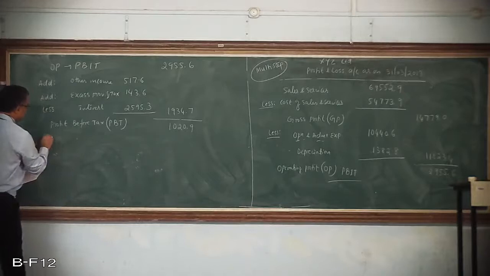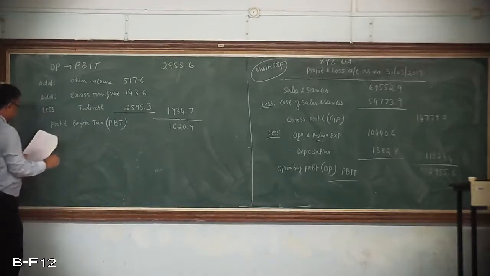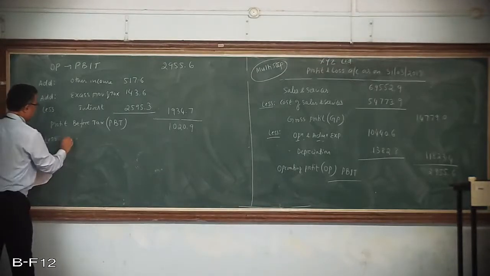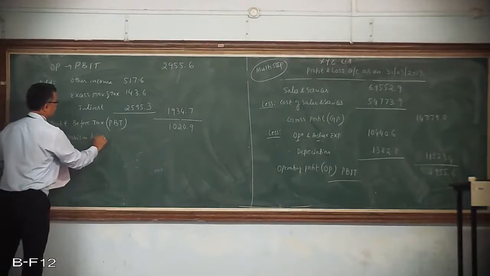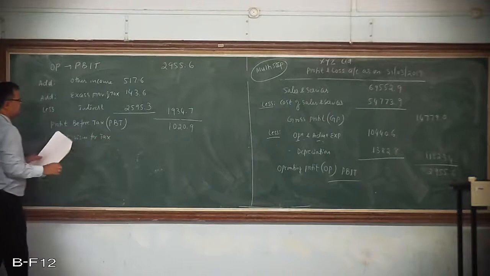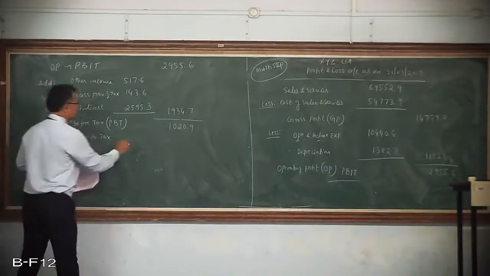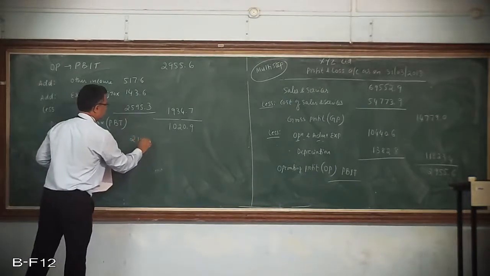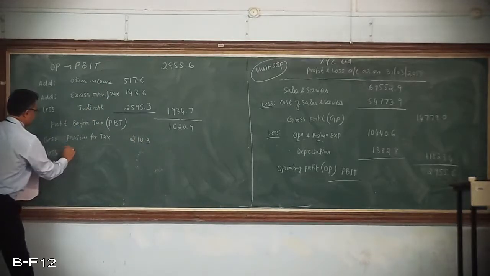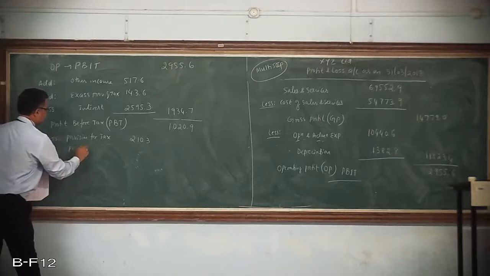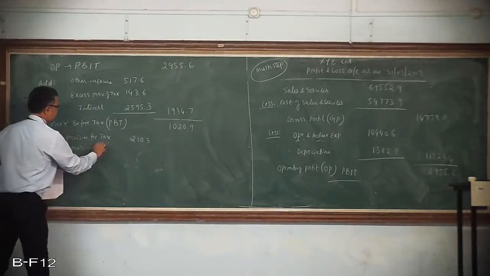Next, from this value, you less provision for tax. How much is it? 210.3. Less provision for wealth tax.